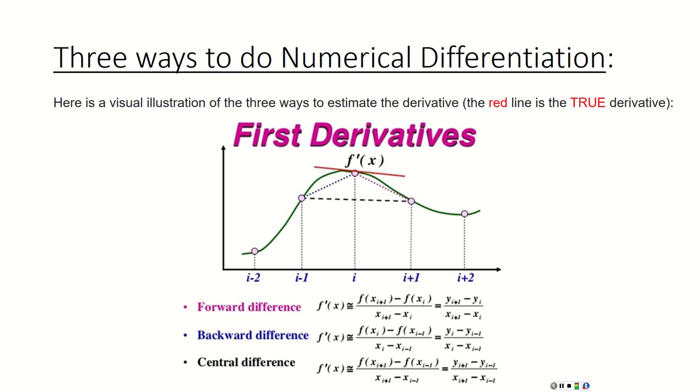So if I'm trying to estimate the derivative at point i, so this point here, derivative is slope, right? That's what you were taught in high school. So you need 2 points to estimate the derivative, right? So you have multiple choices of what you can do.